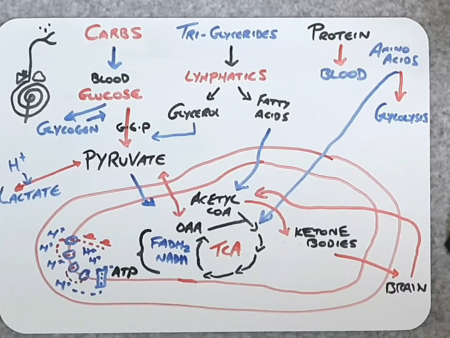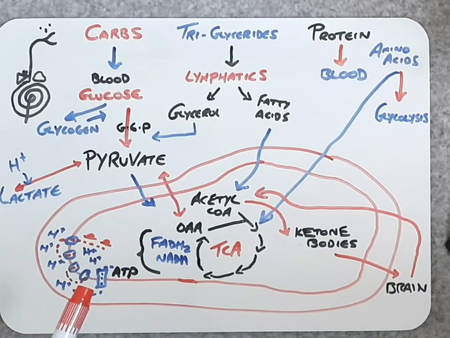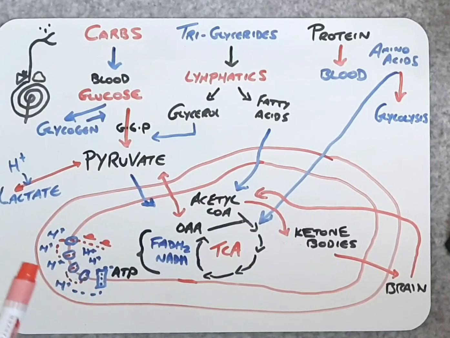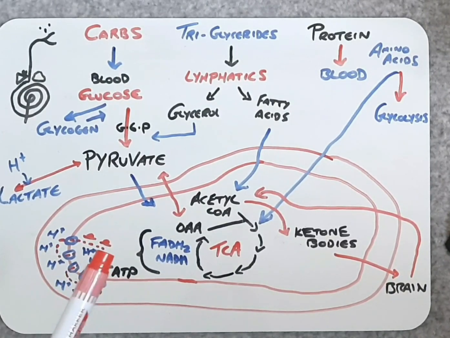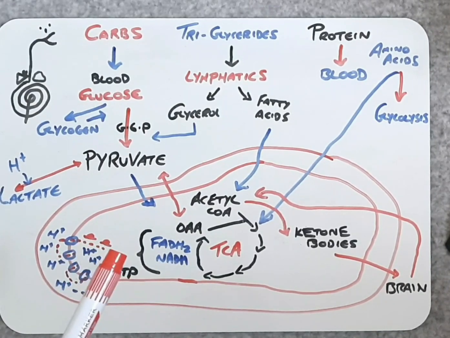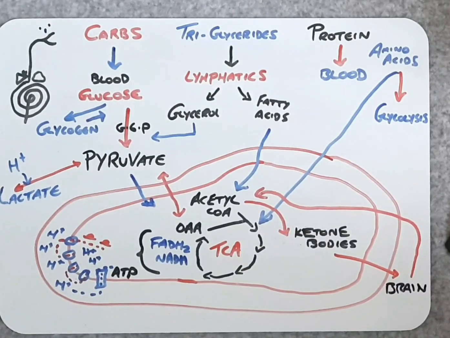And the hydrogens are then pushed from the matrix to the outside of the membrane, causing a low concentration gradient of hydrogen on the inside of the mitochondria.